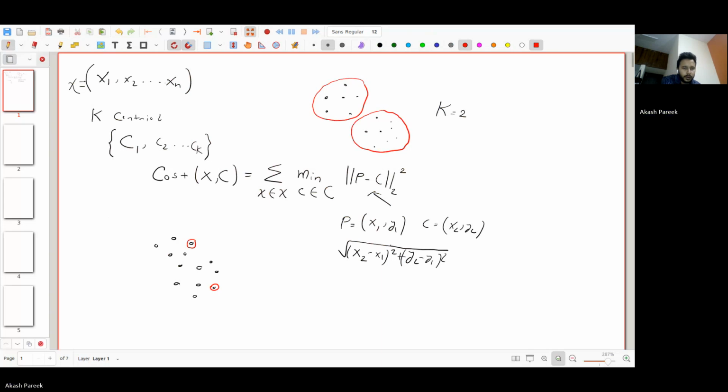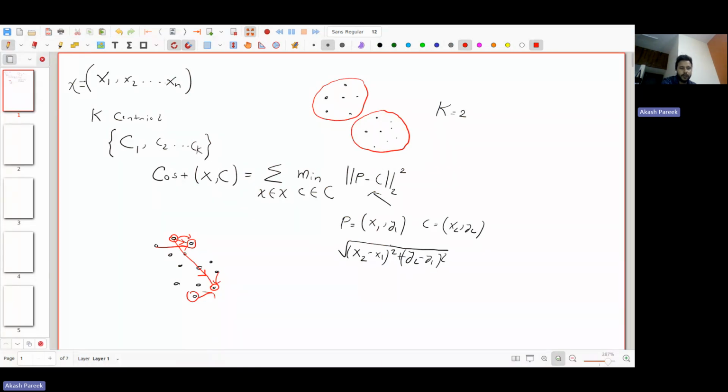Now what happens is the following: for every point, it calculates its distance with respect to this cost function, with this center as well as this center. If k is greater than 2, then it will calculate with respect to the other centers also. And for whichever centroid the distance is less, the point is assigned to that centroid. Suppose in this case it is assigned to this center, this case to this center, this point to this center, and so on.